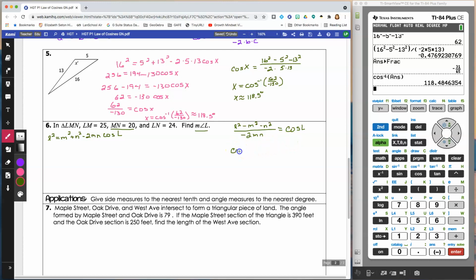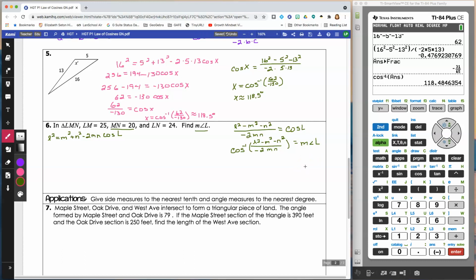So this becomes the inverse cosine of side L squared minus side M squared minus side N squared divided by negative 2 times side M times side N. This is equal to the measure of angle L. Okay, so that's the formula I'm going to use.